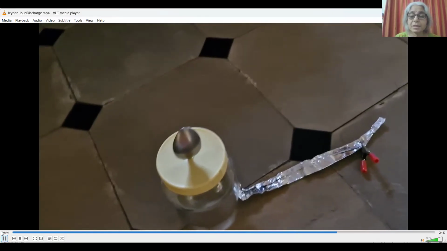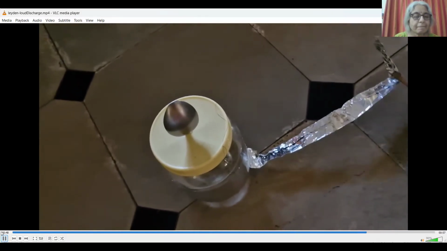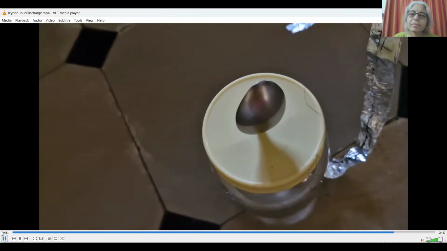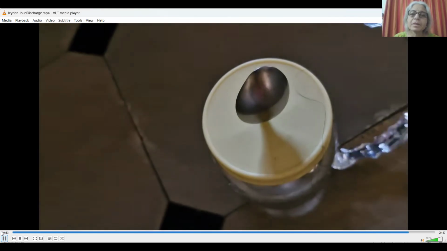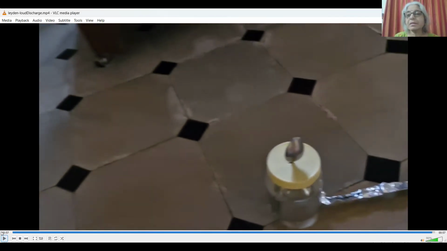Then I charged it for a third time, and let's look at the discharge once again. So you could clearly see a blue flash and a very distinct pop.